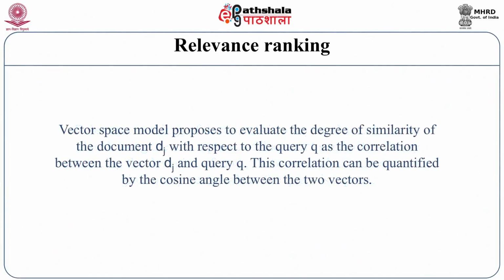The vector space model proposes to evaluate the degree of similarity of the document dj with respect to the query q as a correlation between the vector dj and query q. The correlation can be quantified by the cosine of the angle between the two vectors. The similarity function can be represented as similarity between dj and q.